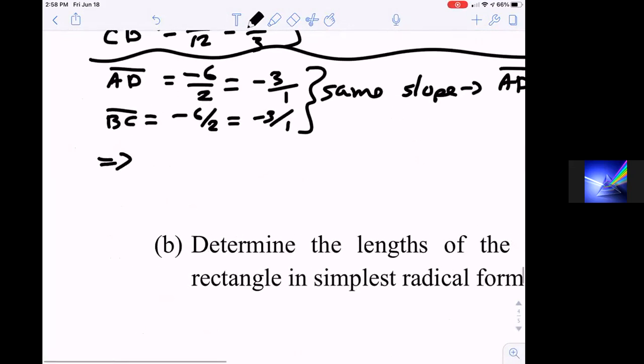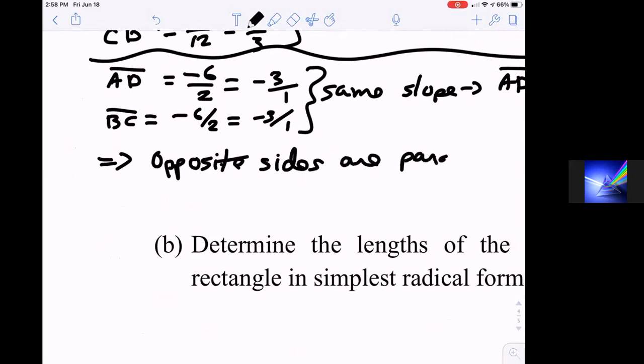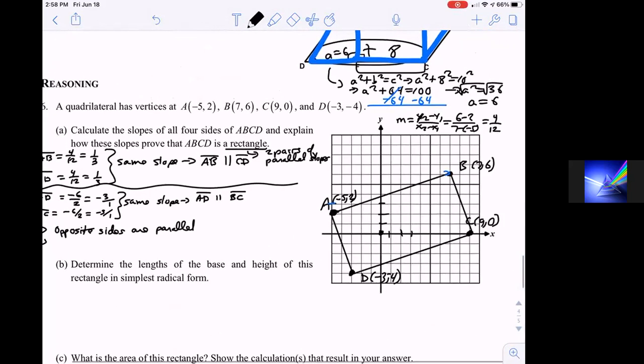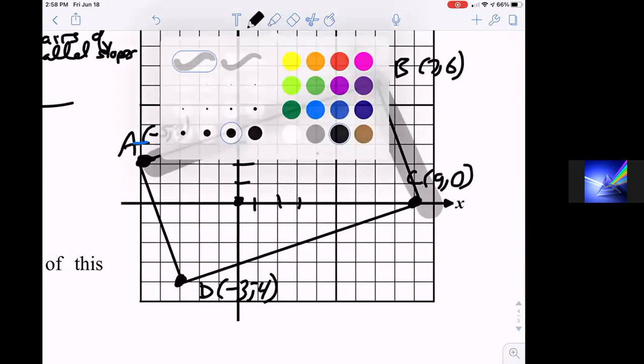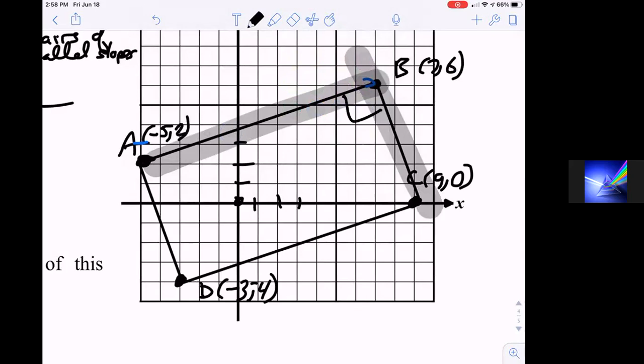Okay, so what do we know here? One, opposite sides are parallel. That's one way to tell. But also, if you look at the adjacent segments, this one and this one, they're perpendicular to each other. And how do you know that? Because the slope for this one is 1/3, the slope for this one is 1/3, and the slope for this one is -3 over 1.